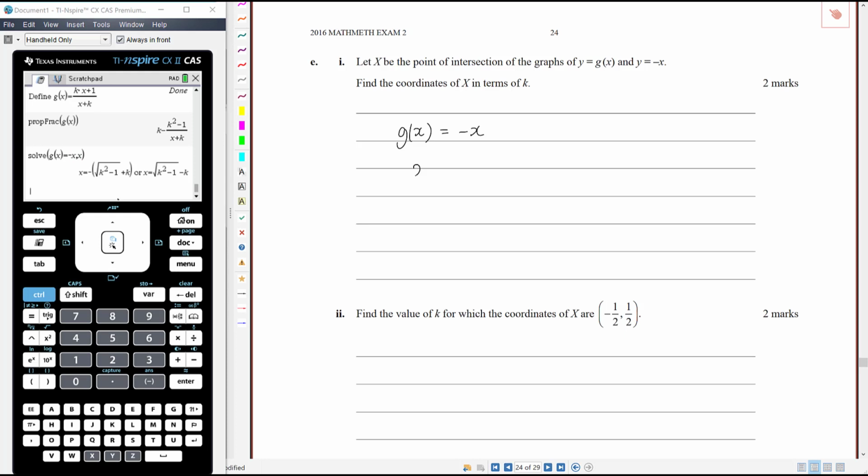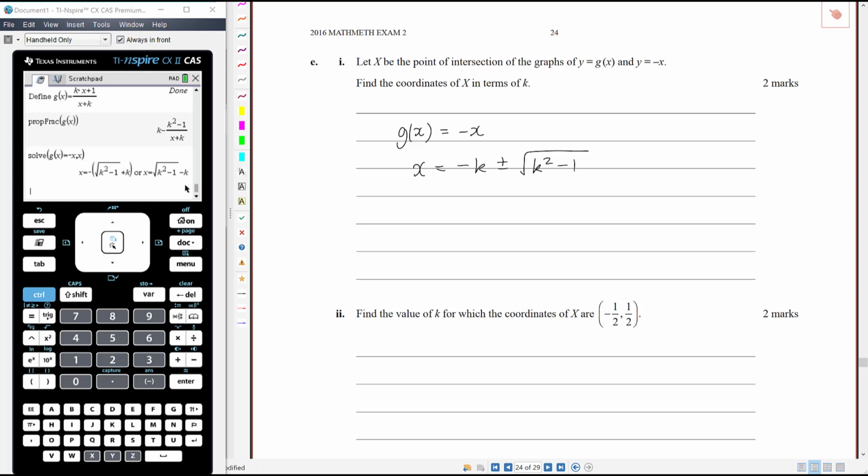Okay, and we get that x equals, now again, your CAS does horrible things with negatives. If you expand out that negative there, you've got the negative square root minus k. So in both cases, it's negative k plus or minus the square root of k squared minus 1. So they are the x coordinates.